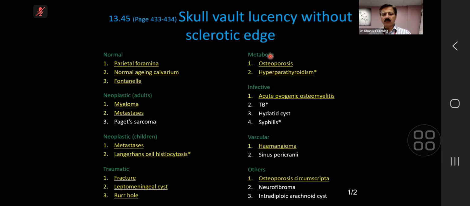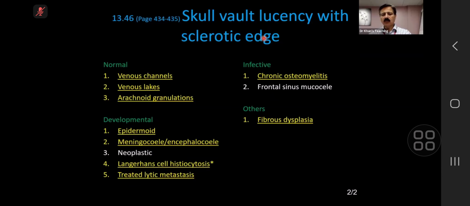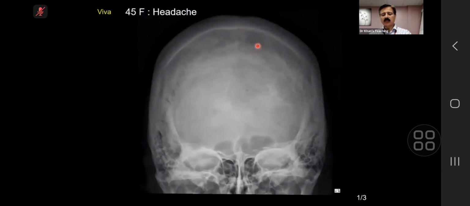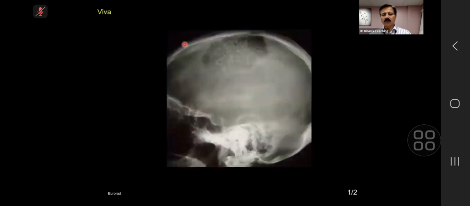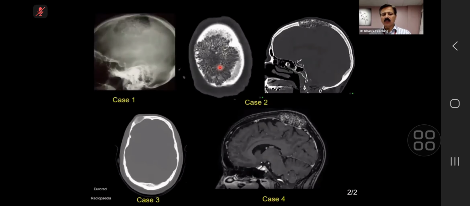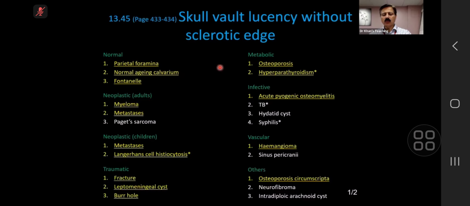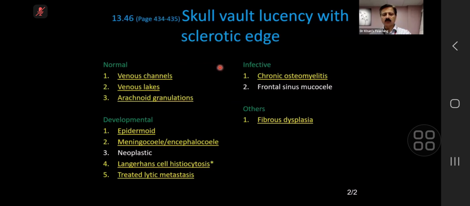Hemangioma is given without, and it is not given with sclerotic edge. And I think you have to add that it can happen in both of them. Even our case here, you can see a bit of sclerosis here. There will be other cases in which you will not find sclerosis.